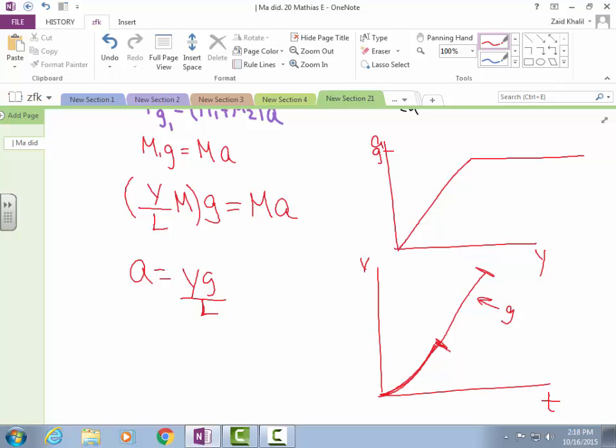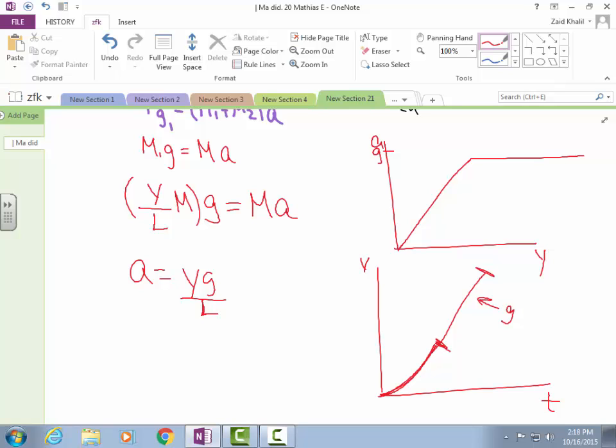I can't tell you whether this will truly be parabolic or whether A versus T will truly be linear. I'm going to have to really think about that. But what I can tell you is that this is going to be some curve initially. And then that curve has to eventually become linear with a slope of G. That's the most I could say.